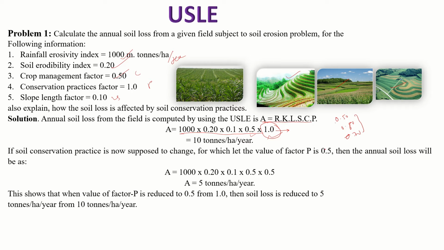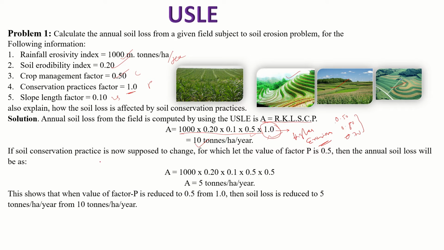So P equal to 1 means there is higher erosion, because no conservation practice such as terraces or bunds is followed. Without any conservation practice, you got the soil loss of 10 tons per hectare per year.